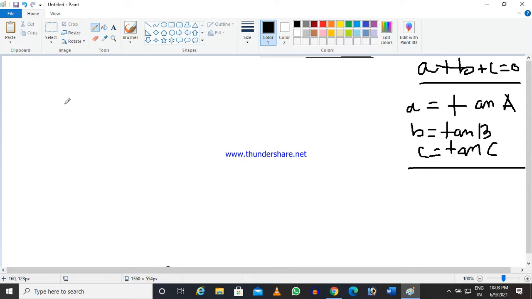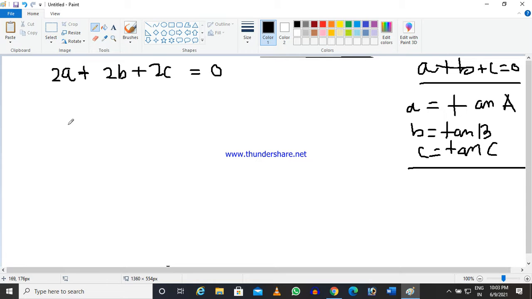As it is given that 2a plus b plus c is equal to 0, so we can write 2a plus 2b plus 2c is also equal to 0.